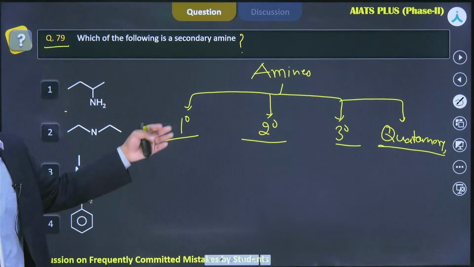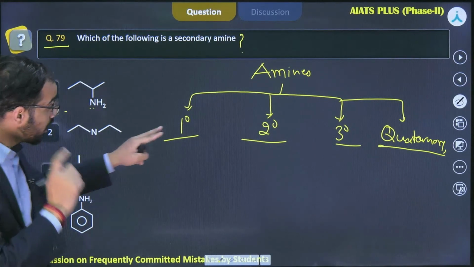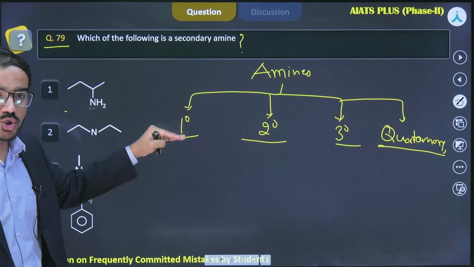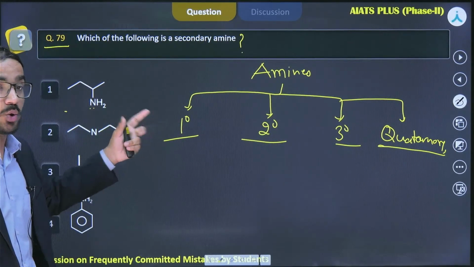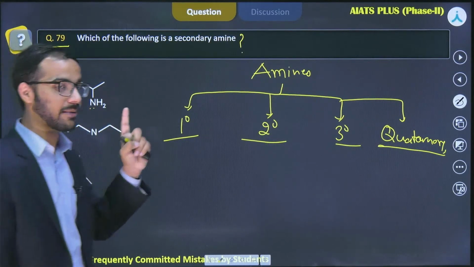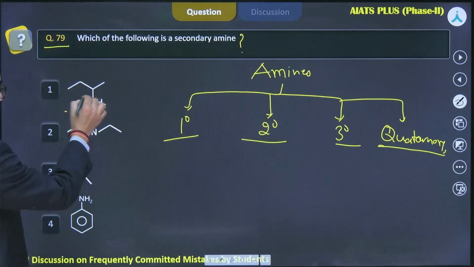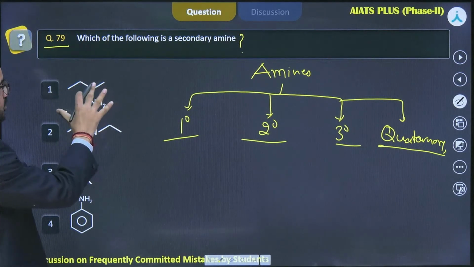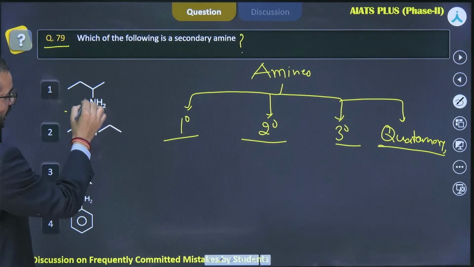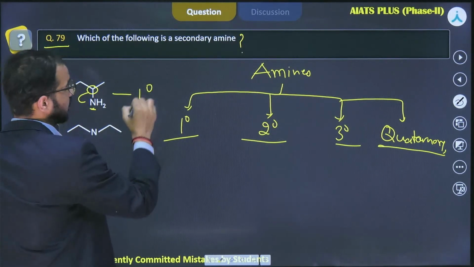It is very simple: an amine with the nitrogen attached to only one carbon center is known as a 1 degree amine. So in the very first part, this nitrogen is attached to only one carbon center. So this is a primary amine.